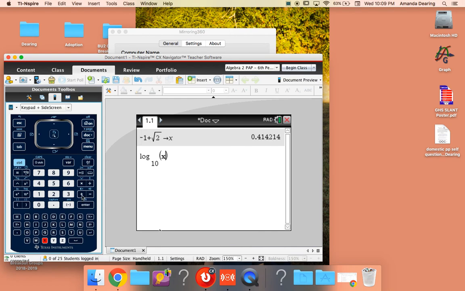Okay, and then I'm going to get out of that on the side. I'm going to add it with log base 10 of x plus 2. That is supposed to equal 0. And you can do this either way.